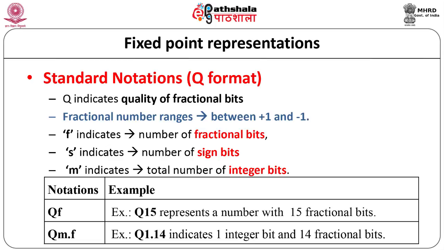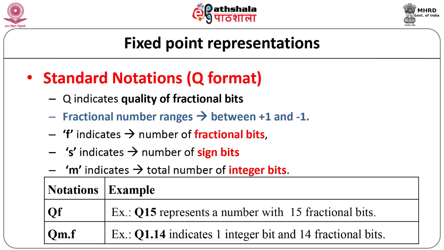The second one is QM.F. It is a Q format notation with M indicating the number of integer bits and F indicating the number of fractional bits. So, for example, Q1.14 indicates 1 integer bit and 14 fractional bits.